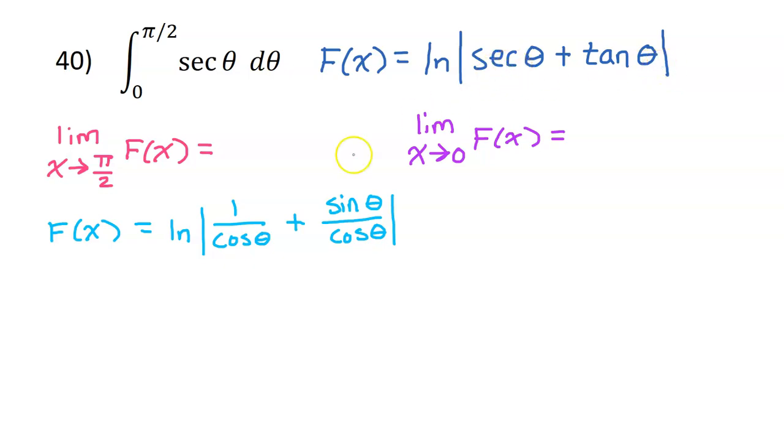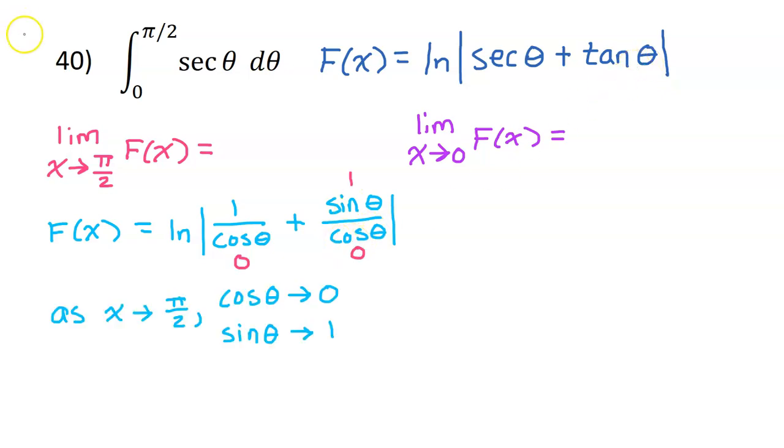Instead of secant, we can write 1 over cosine, and instead of tangent, we can write sine over cosine. As x approaches pi over 2, cosine approaches 0, and sine approaches 1. So we're not plugging in 0. These denominators are getting closer and closer to 0. So the numerator is 1, but the denominator is getting microscopic.